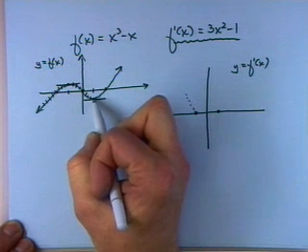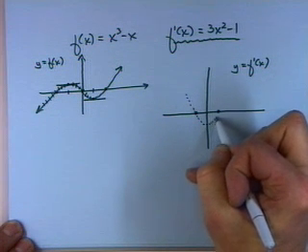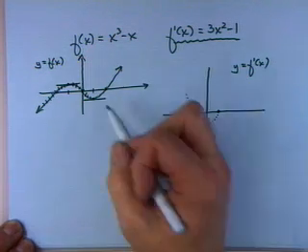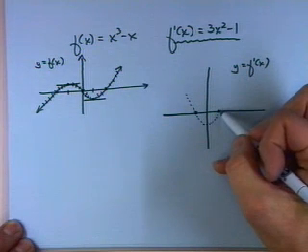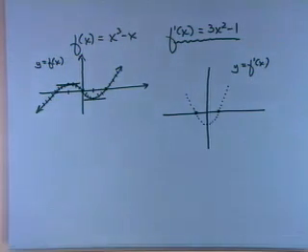What should my graph be? Negative. Is that all right? And here the original graph is increasing. My derivative graph should be positive, right? Is that what it should look like, according to what we already know to be true about the derivative function?